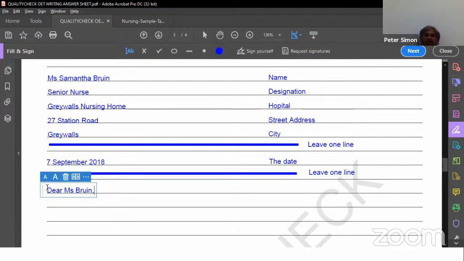Go to the first line, pick that up. The title, Miss, Bruin, the second name, and put Dear before. Dear Miss Bruin. You know this. Now, because you know this, what happens? Okay, I'll get it later.